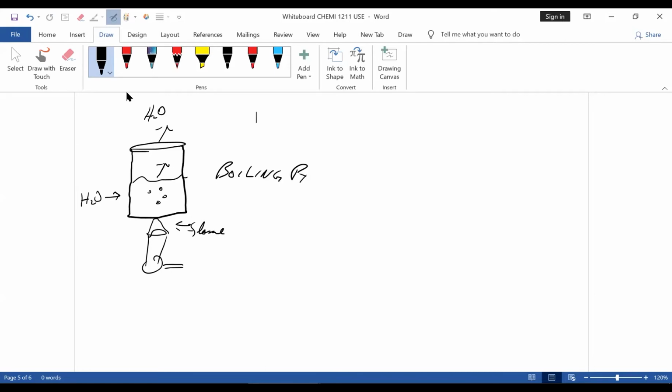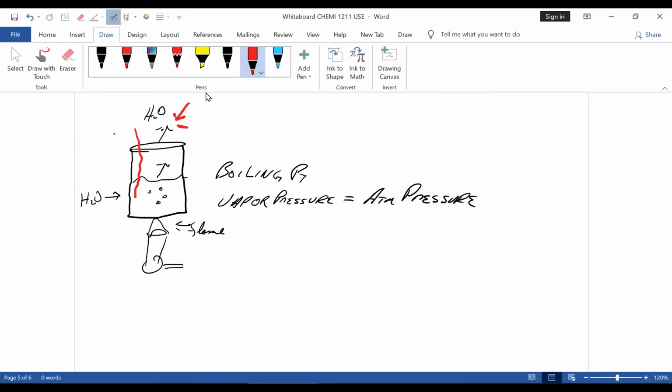Now, boiling point, and I'll go through this later on, is when the vapor pressure equals atmospheric pressure. So you have the water vapor here, and then you have the atmospheric pressure, which is all around us. You learned about that in gases. That's why I put this in the gas part. And when these two are equal, you measure the temperature with a thermometer.